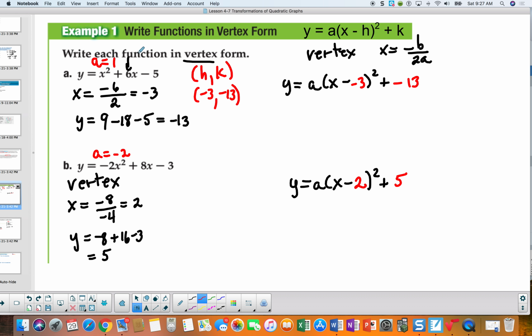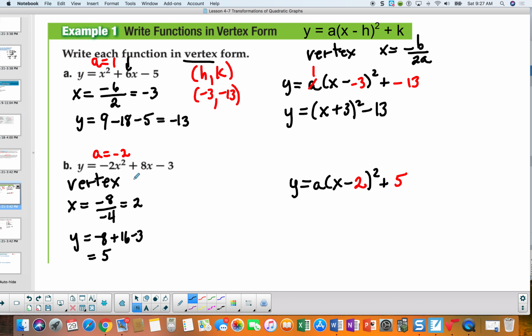Now, the a refers to the a in the original standard form, so this is going to be the number 1. Now I can write my equation. Y is equal to, and you don't have to bother writing 1, x plus 3 quantity squared minus 13. Now this is the same as this. They have the same graph, but this reveals the vertex.